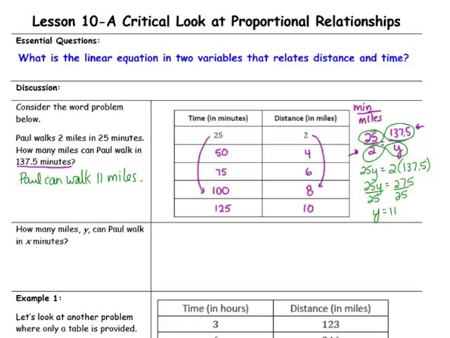How many miles y can Paul walk in x minutes? We know that Paul walks 25 minutes and covers 2 miles.